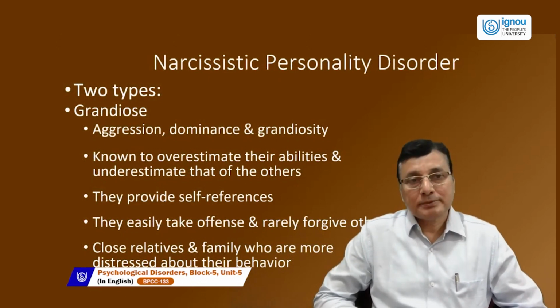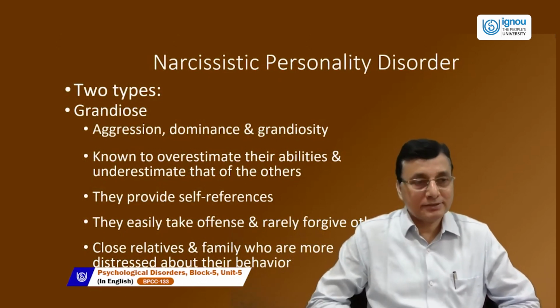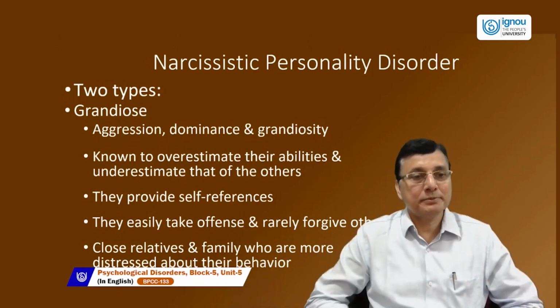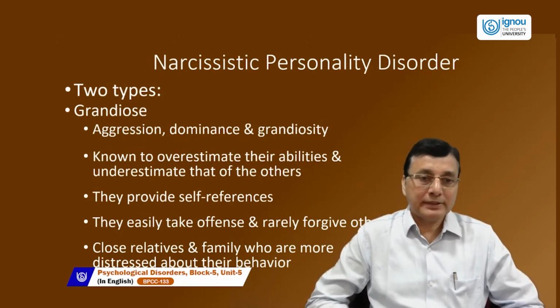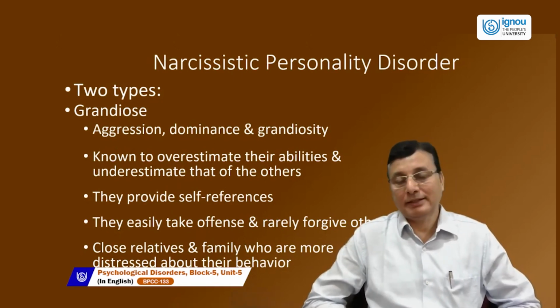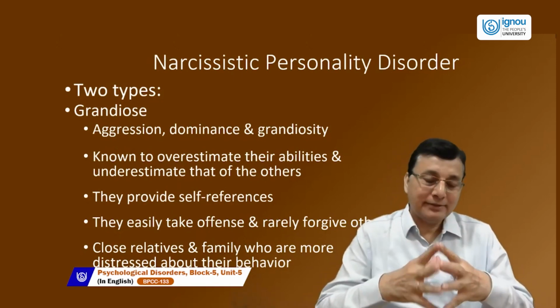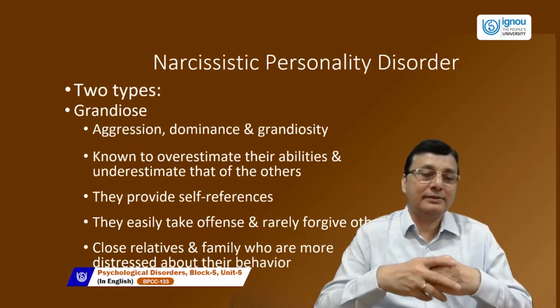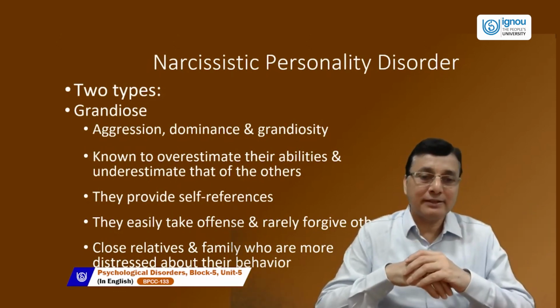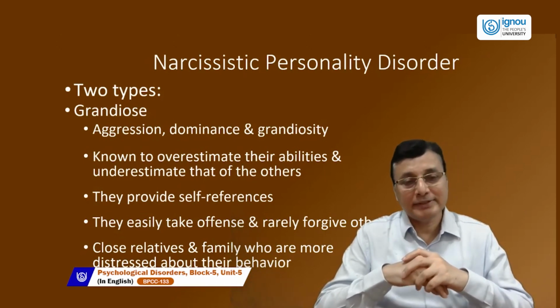There are two types of narcissistic personality disorders. One is the grandiose type. In the grandiose type, the symptoms would be aggression, dominance, and grandiosity; they are known to overestimate their abilities and underestimate those of others. The same ability they overestimate in themselves, but for others they underestimate. They provide self-references in each and everything.